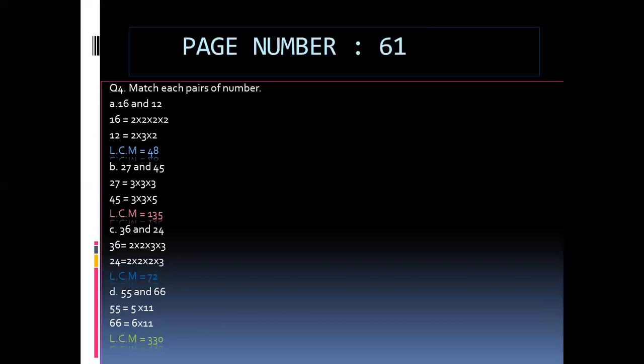You will convert them into prime factors and find the LCM of this. Now keep in your mind all the LCMs that I'm finding here, because when we are joining the numbers, we join the part with the required prime factors.